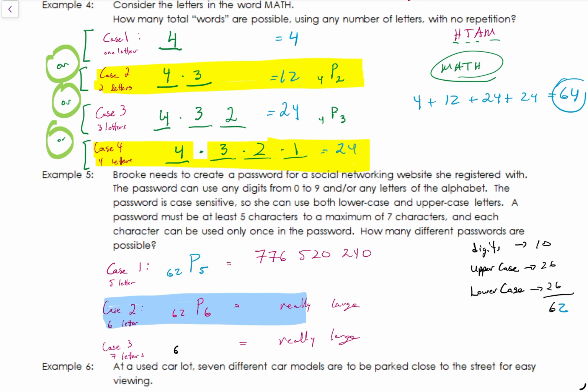Out of 62 characters, I'm going to pick the order of 7. It's so staggeringly large that my calculator sort of gave up on me. But it would just be 62P5 plus 62P6 plus 62P7. And this is well into the billions, perhaps trillions. I don't know. This is a lot of different passwords.